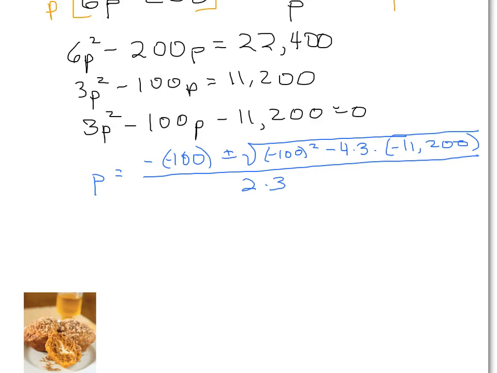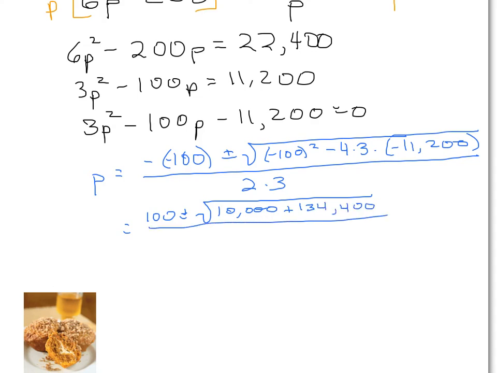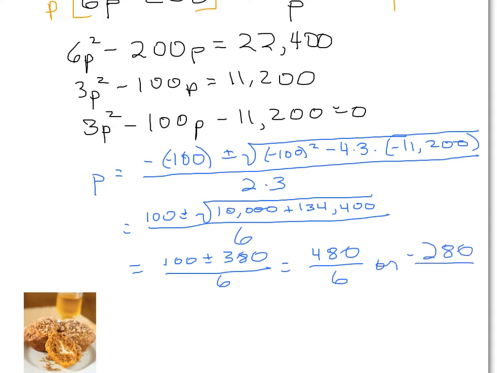So that's going to give us 100 plus or minus the square root of 10,000 plus 134,400 over 6, which is 100 plus or minus 380 over 6, which is either 480 over 6 or negative 280 over 6.